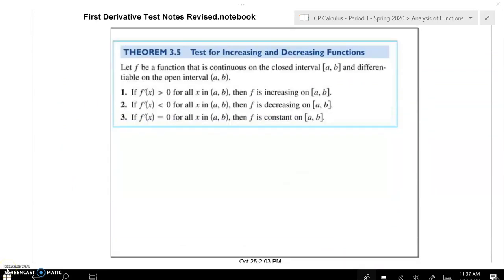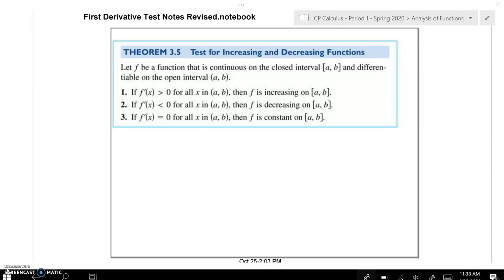This slide should really just serve as a summary of what you went through yesterday on the Desmos assignment, and that is basically that to test for increasing and decreasing functions, you're noticing that when you get the derivative and that value is greater than 0 in that location, then the function is increasing.